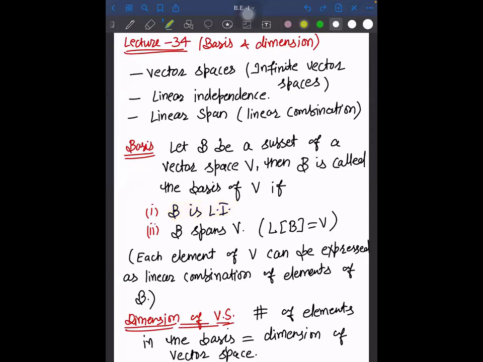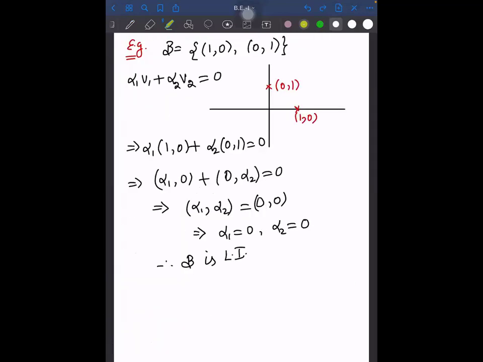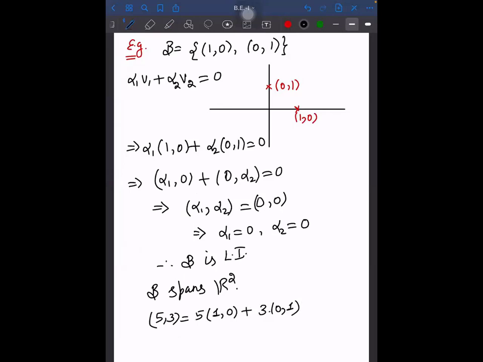Next, I'll claim that B spans R2. That means every element of R2 can be written as a linear combination of elements of B. So let's take an example. You pick (5, 3). So can you write it as 5 times (1, 0) plus 3 times (0, 1)? Yes, sir. Okay.